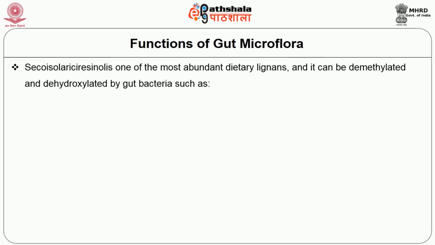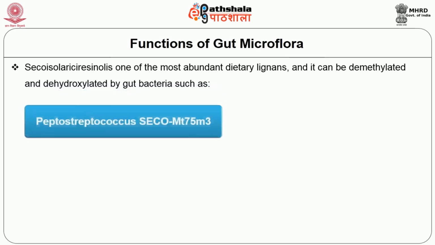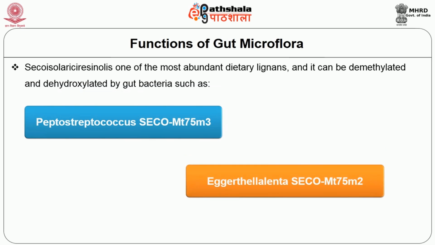Secoisolariciresinol is one of the most abundant dietary lignans, and it can be demethylated and dehydroxylated by gut bacteria such as Peptostreptococcus, Eggerthella lenta and others.